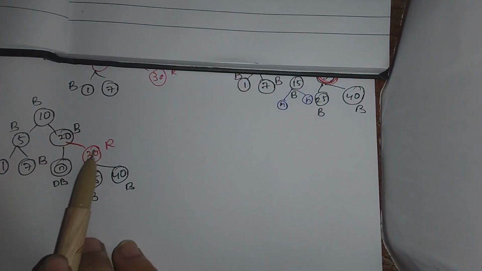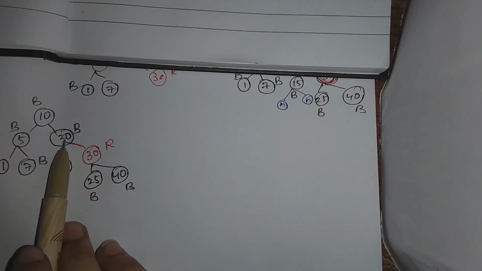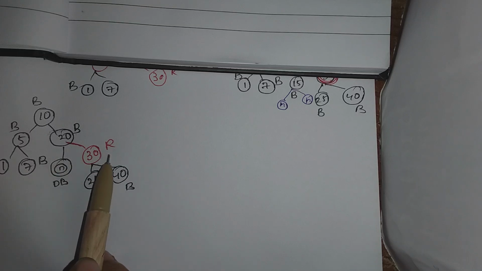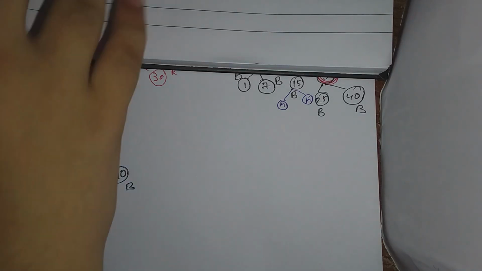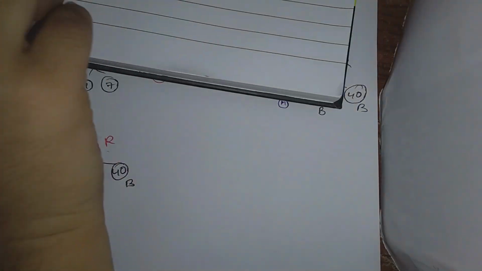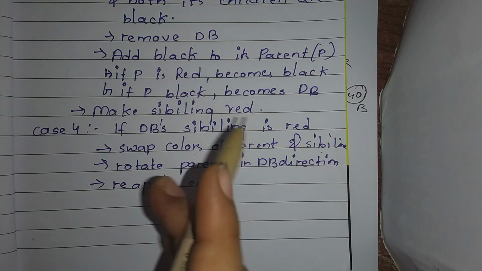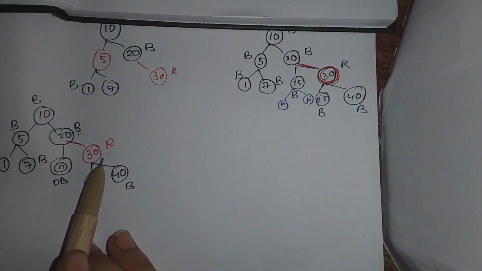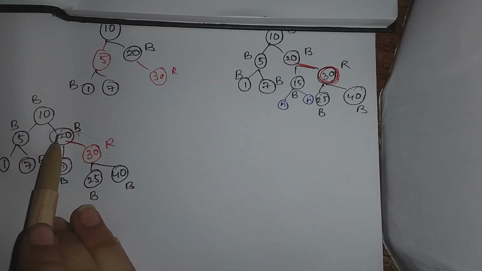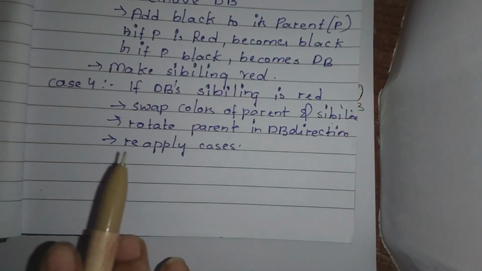The red changes into black and the parent becomes red, so swapping the colors takes place. After swapping the colors, we need to rotate the parent in DB's direction and reapply the cases.